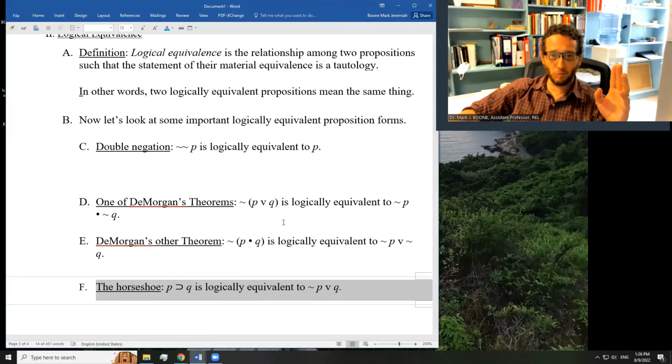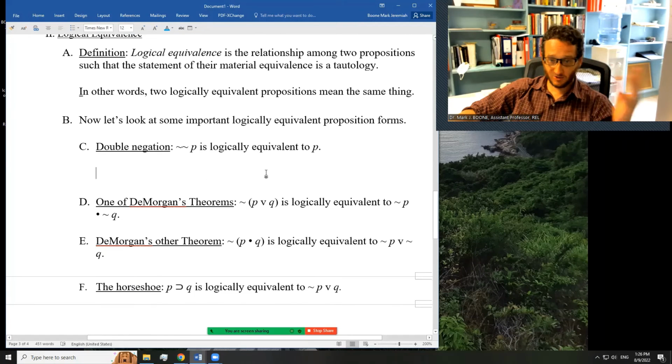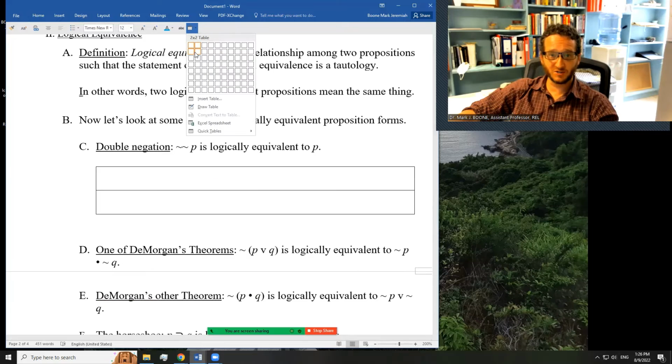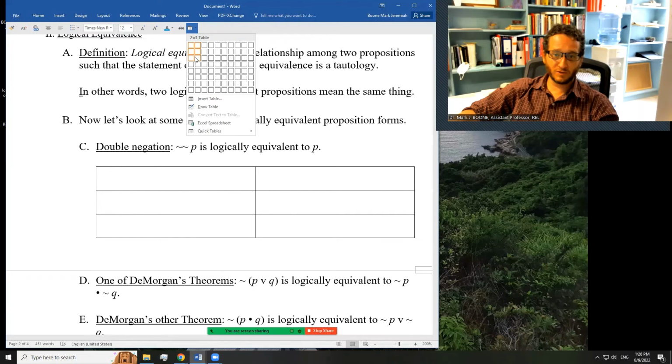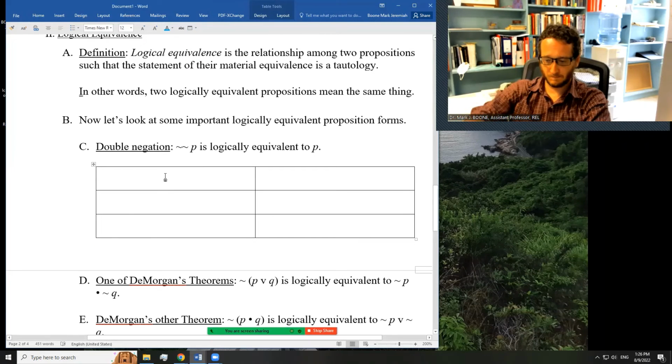Now let me illustrate with a few quick truth tables and we'll be finished. I want 3 rows for this, and I really only need 2 columns.